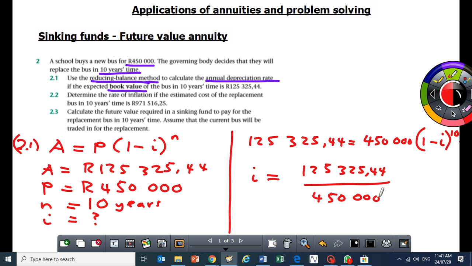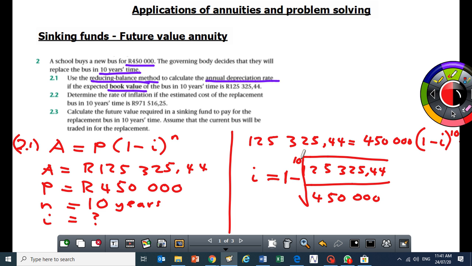Then, if I take the root, I need to take the 10th root of this, and take it to the other side. I need to subtract 1 from this. I have to put 1 minus here. That will be the 10th root.